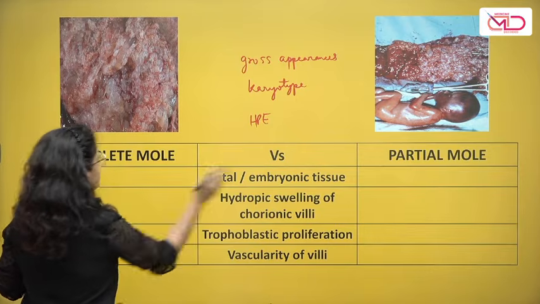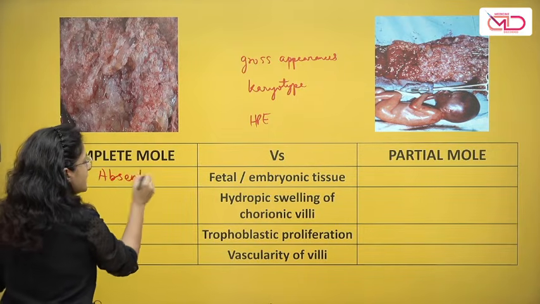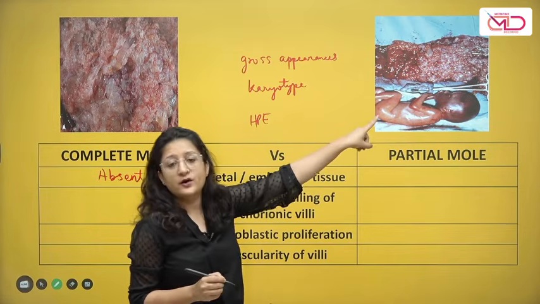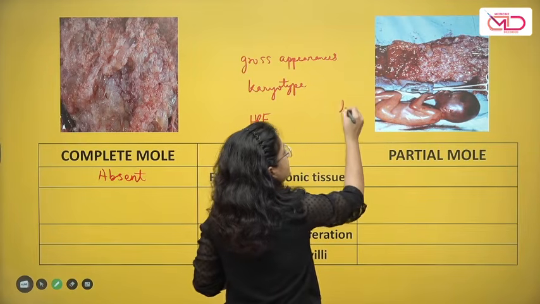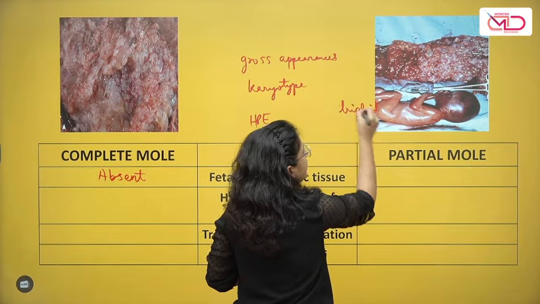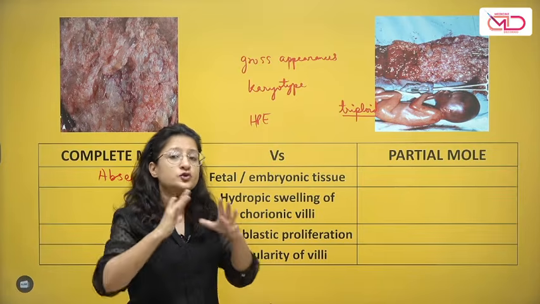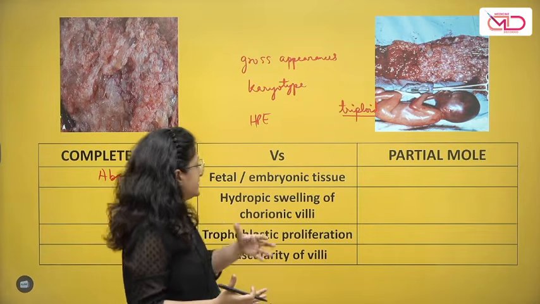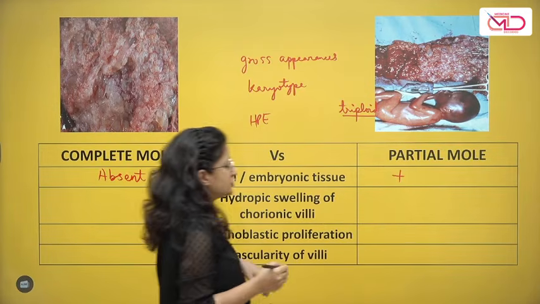So the fetal or embryonic tissue in a complete mole is absent, whereas in a partial mole, fetal or embryonic tissue is present, and this fetus is going to have a triploid karyotype, therefore it will probably be dead or showing stigmata of these chromosomal abnormalities.